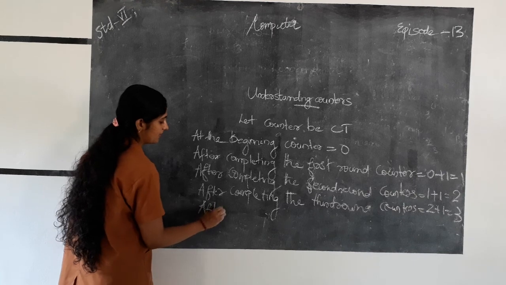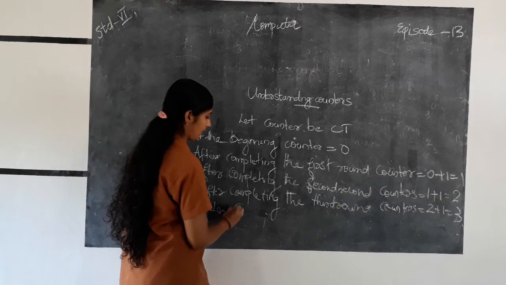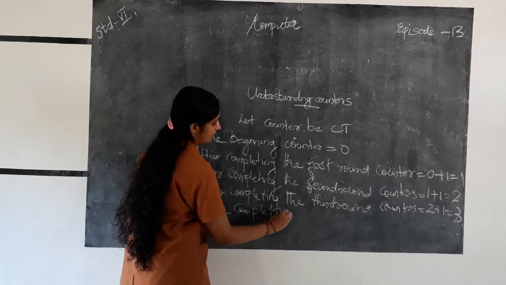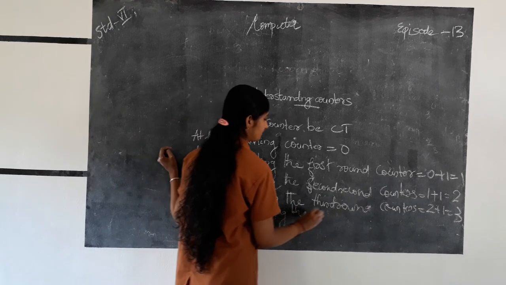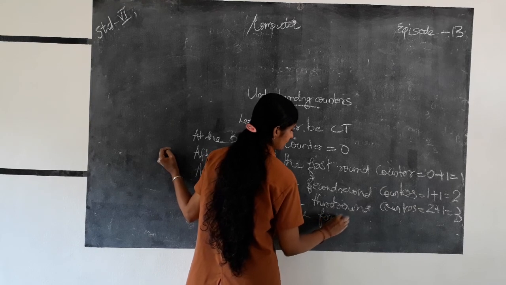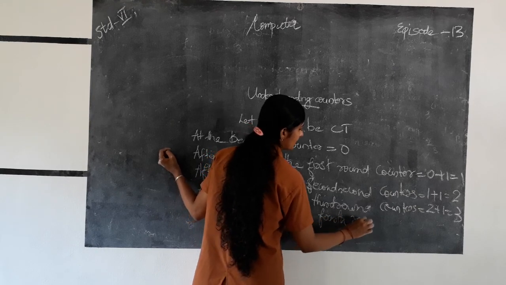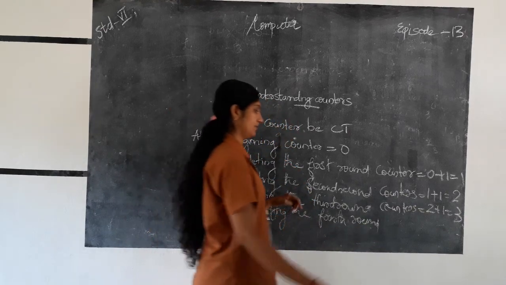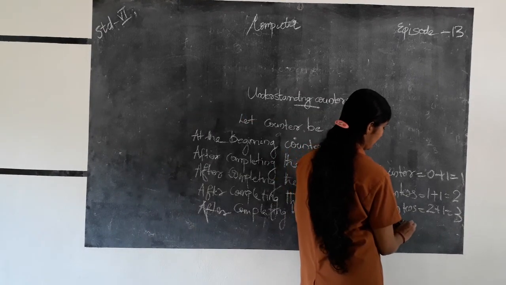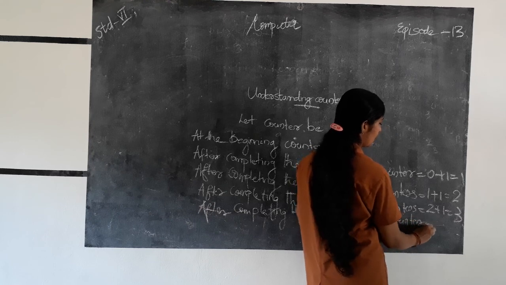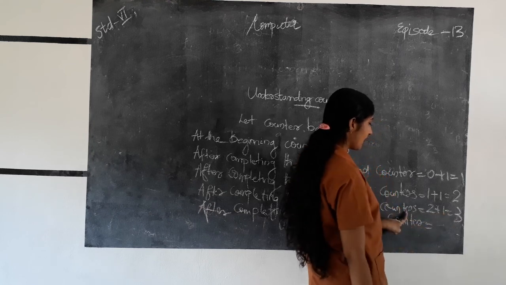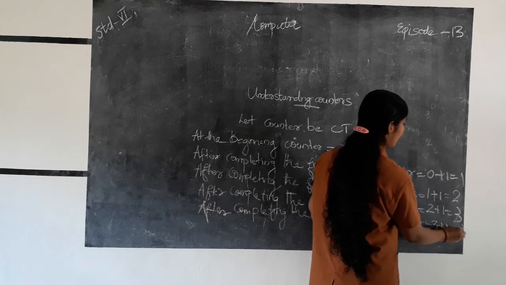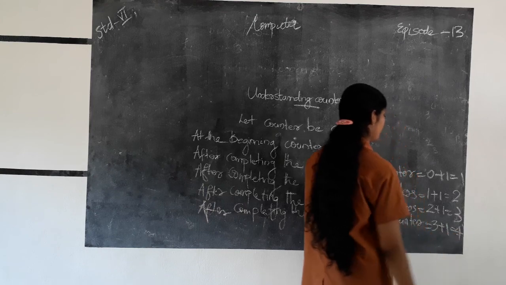After completing the fourth round, the counter value is 3 plus 1. The last counter value is 3, and then it is incremented by 1. Finally the value is 4.